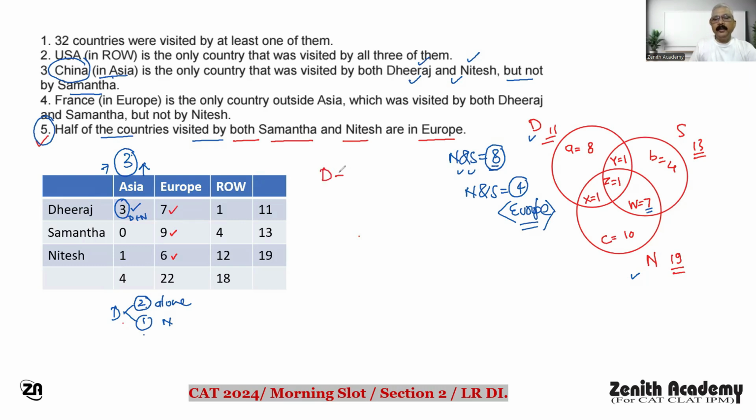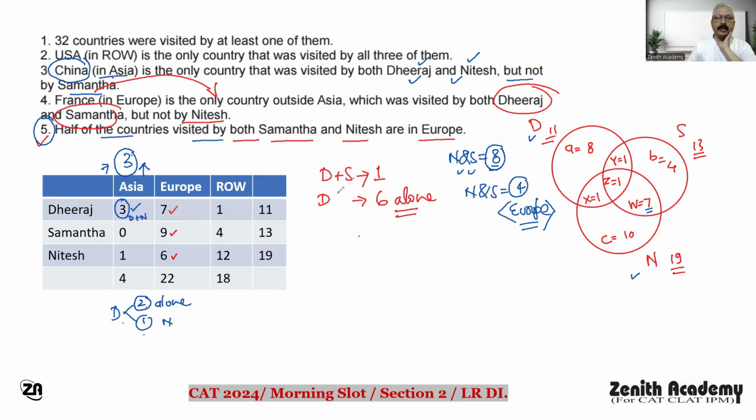It was given here that Dheeraj and Samantha, not Nitesh, France is the only country outside Asia. It means France is the only country where both of them went together, not Nitesh. So out of 7, one country with Samantha. What about the rest of the 7 countries? One country with Samantha and 6 alone.